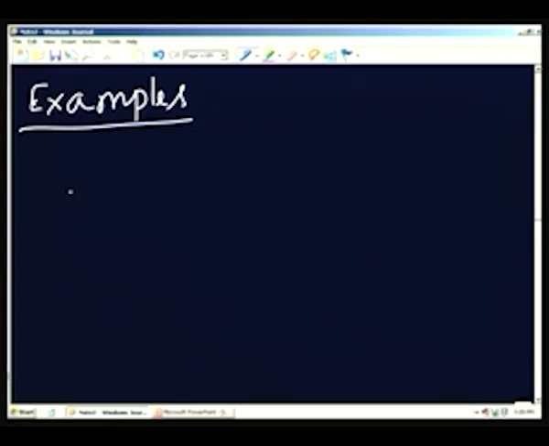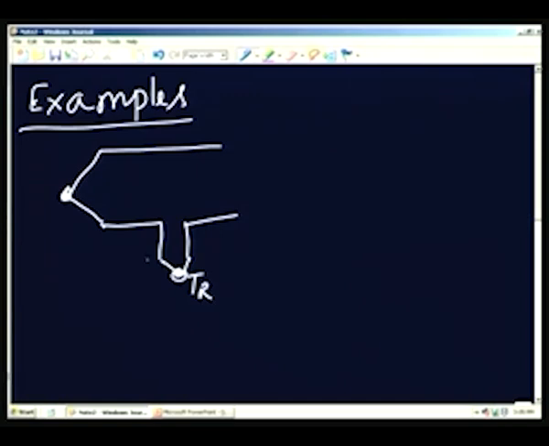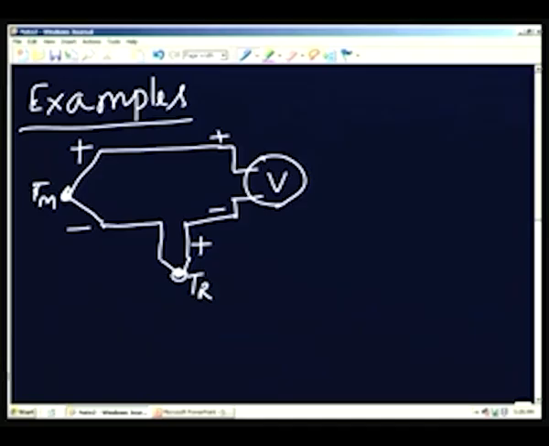And let me just indicate how we are going to do that. We have a thermocouple junction here, and we have the simple thermocouple circuit which is familiar to us. This is the reference junction, this is the measuring junction, this is the positive and the negative here, again the positive, and the measurement is done across the two positive materials.